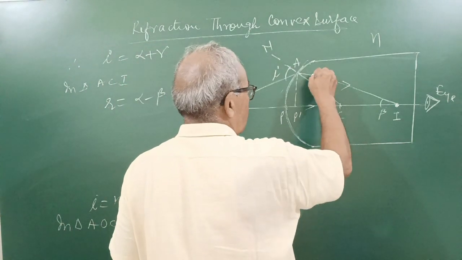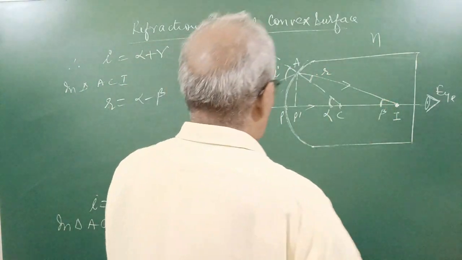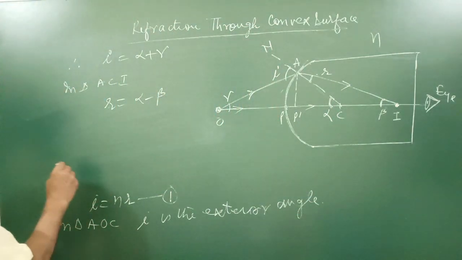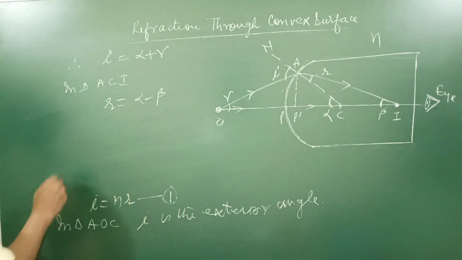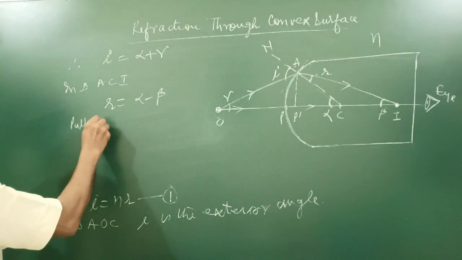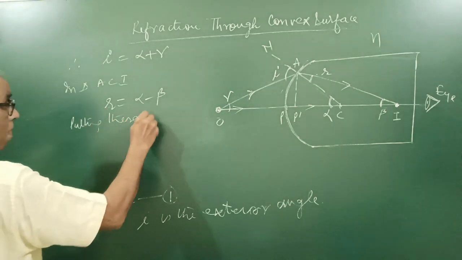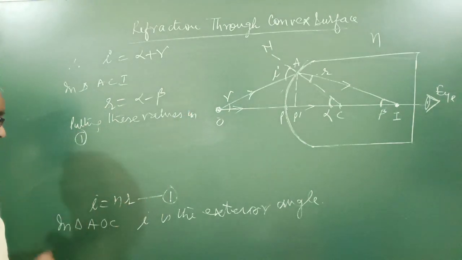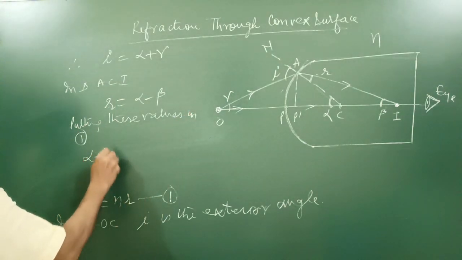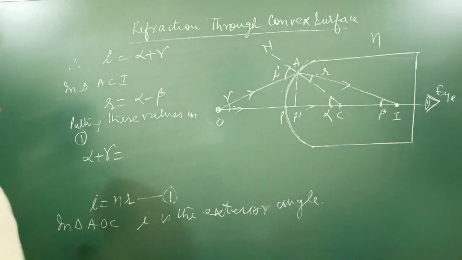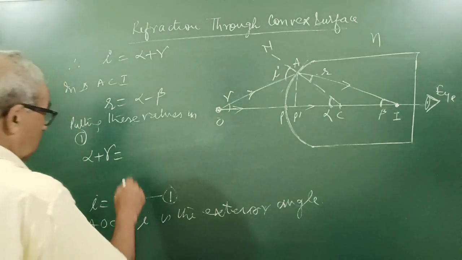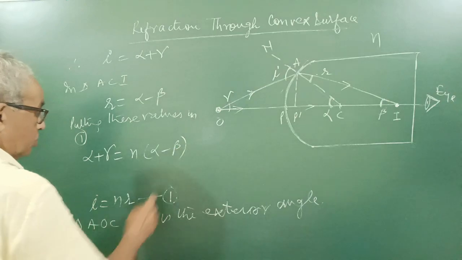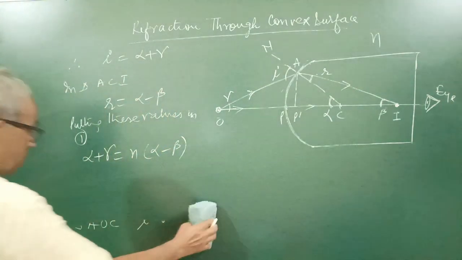Putting these values in equation 1, i, alpha plus gamma, is equal to n into alpha minus beta, or you can rearrange it.